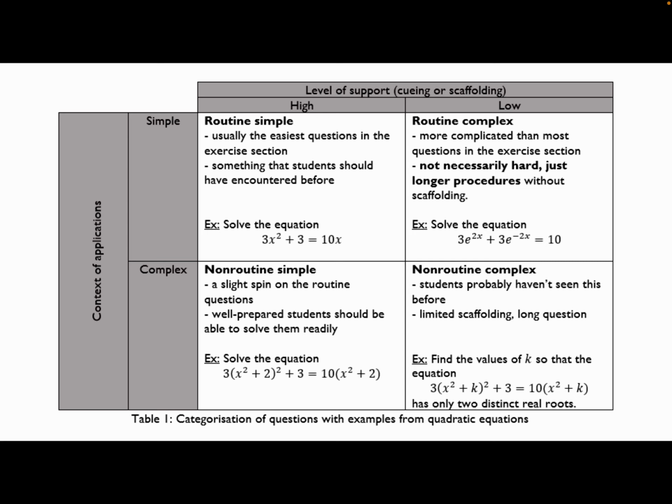And indeed it is. So after they realize that they would need to use the discriminant for this, then they will treat it as a discriminant question and apply an appropriate restriction on the values of k so that this is true.